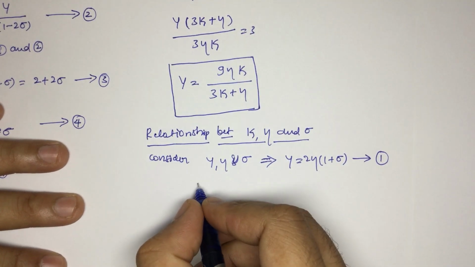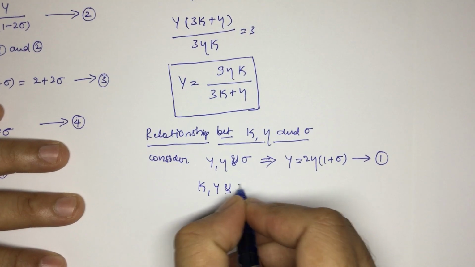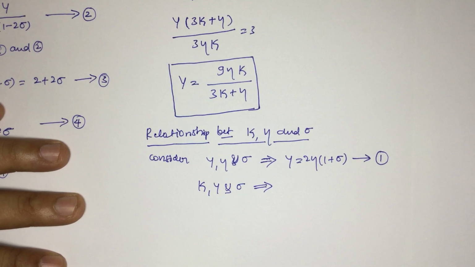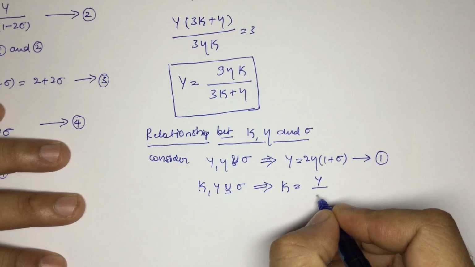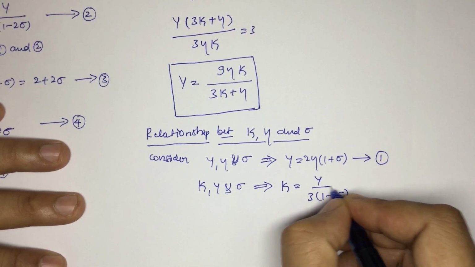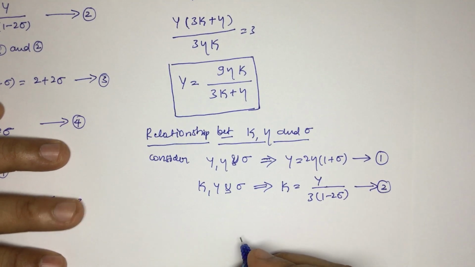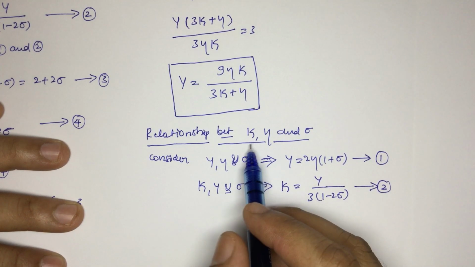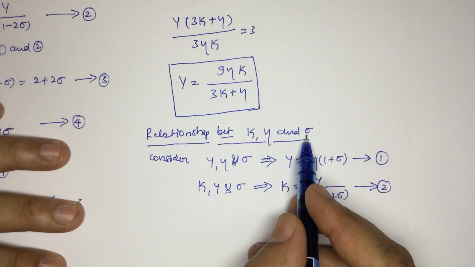Consider one more relation, k, y and sigma, which is written as k is equal to y divided by 3 into 1 minus 2 sigma. Say this is equation 2. Now here we are establishing a relationship between k, eta and sigma.